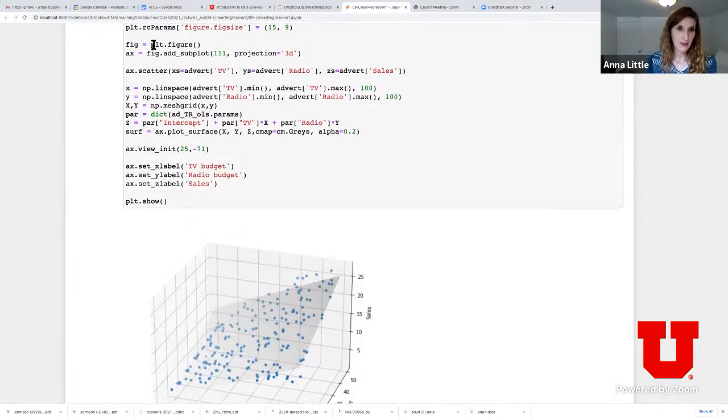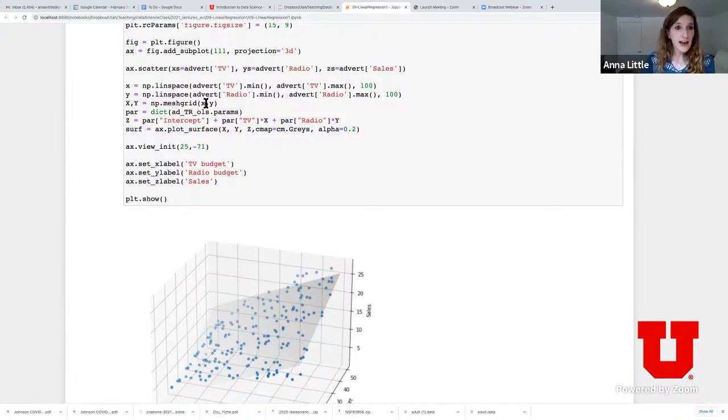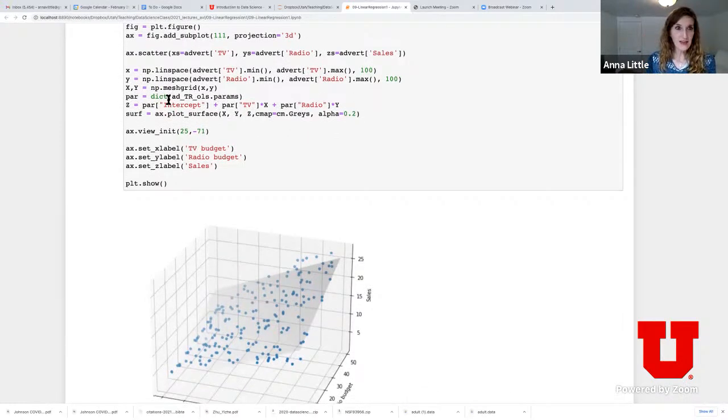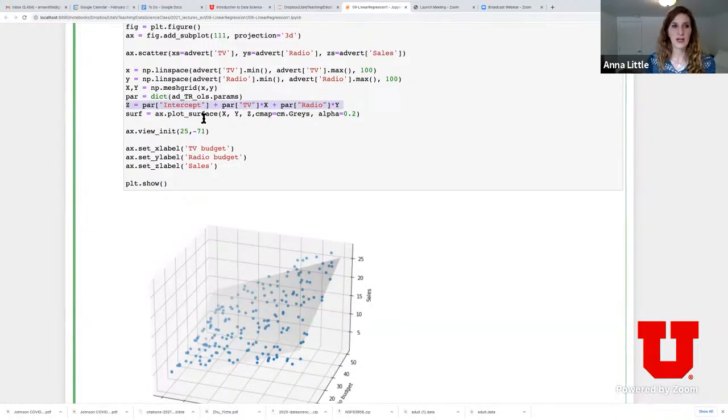First you kind of initialize these 3D axes, then you add the scatter plot, and then you define a grid of values, a grid of XY values, and then you pull out the parameters from the model, define a dictionary with those parameters, and then this is just kind of manually creating the predicted values by explicitly writing out the equation.